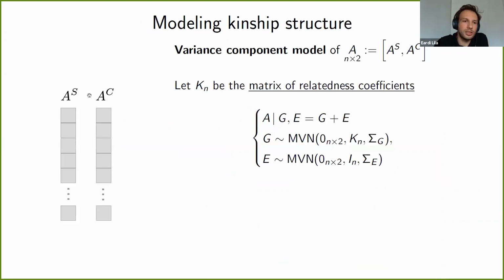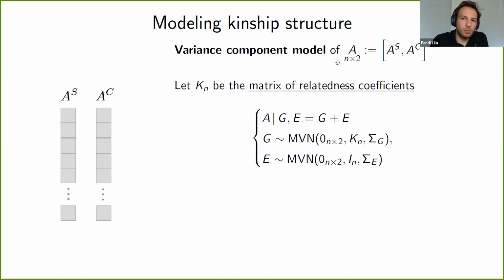What happens is that for every row of this matrix, you can take the one number that describes shape and put it next to the one number that describes connectivity, and do this for every single subject. And then you can put together an n times 2 matrix, which is your data matrix, where the first column describes shape, one number, and the second column describes connectivity, a second number.